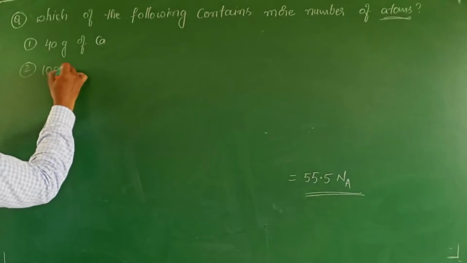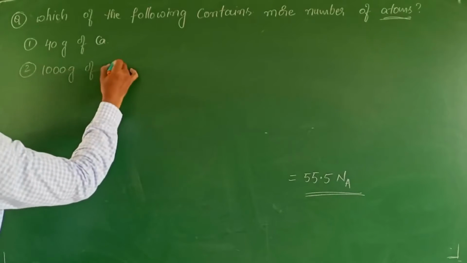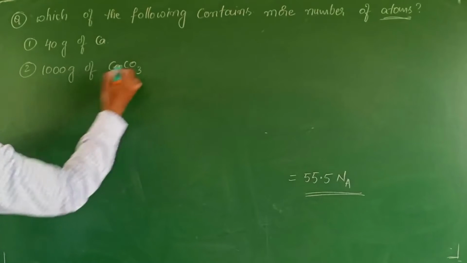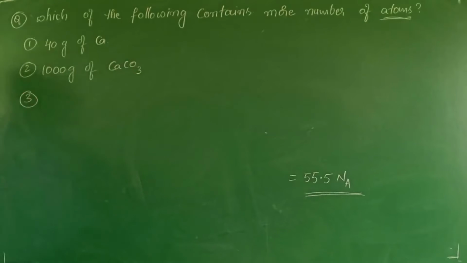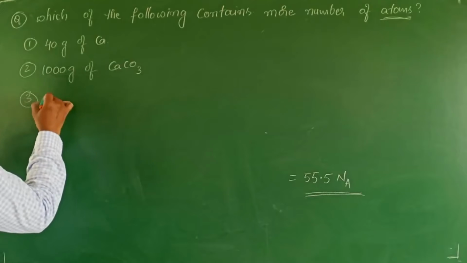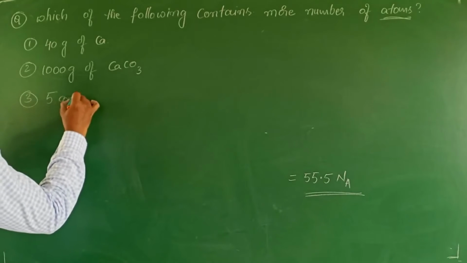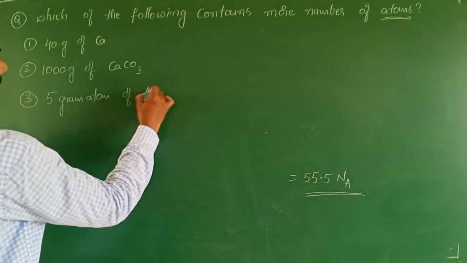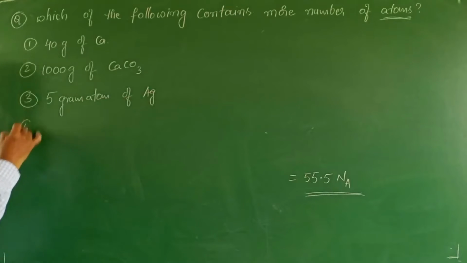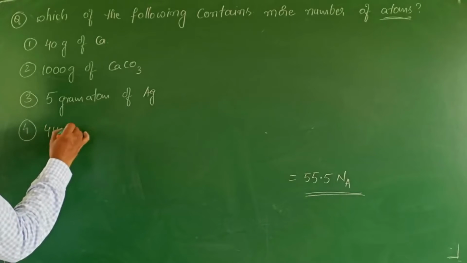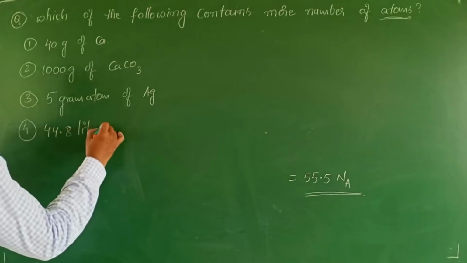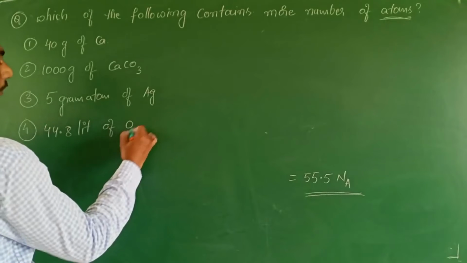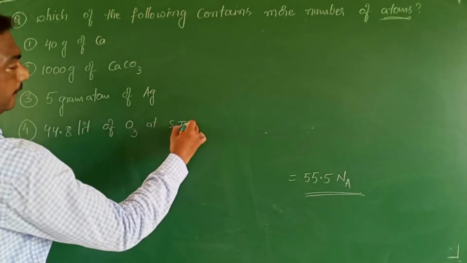Second, you take 1000 grams of calcium carbonate. Third one, you take 5 gram atoms of silver. And fourth one, you take 44.8 liters of ozone at STP.